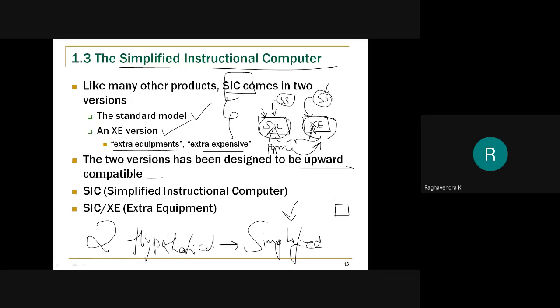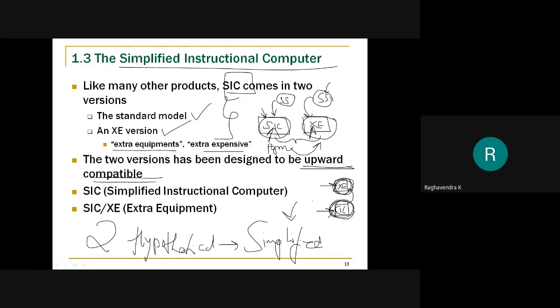In other words, SIC is the lower version of SIC/XE. So a program written in the lower level model can be run on the higher level model, because whatever features this machine has, the other machine has all of that, but with something extra. So whatever I have written here should be able to run on SIC/XE. That is upward compatibility.